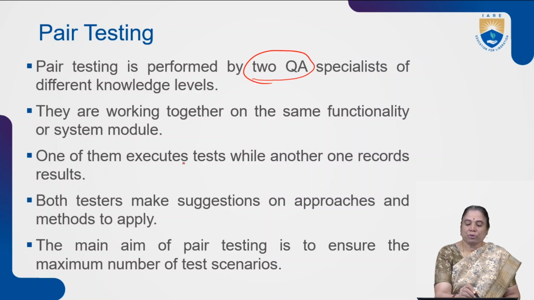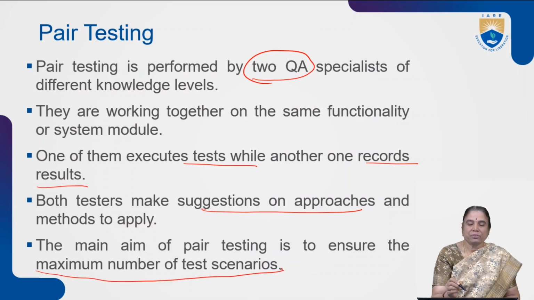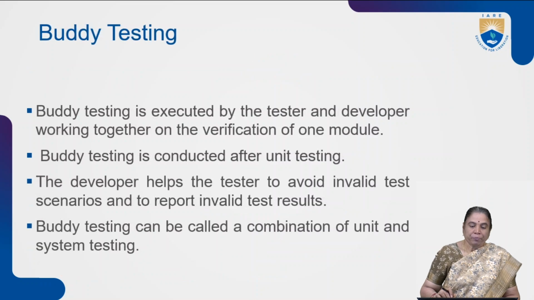One of them executes the test while the other one records the result. Both testers make suggestions on approaches and methods to apply. The main aim of pair testing is to ensure the maximum number of test scenarios to test the application.